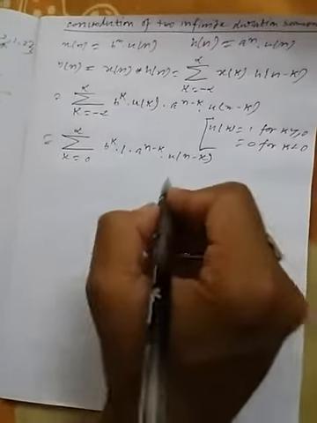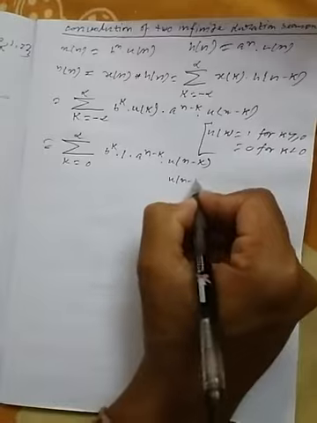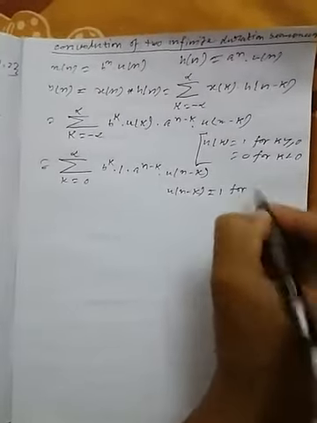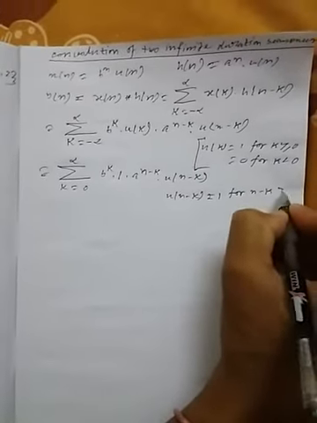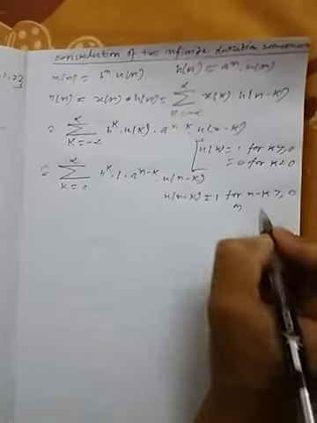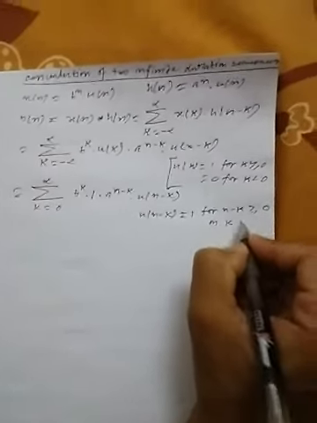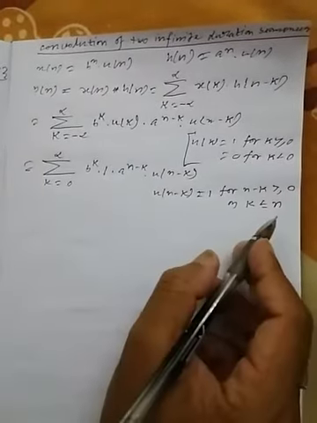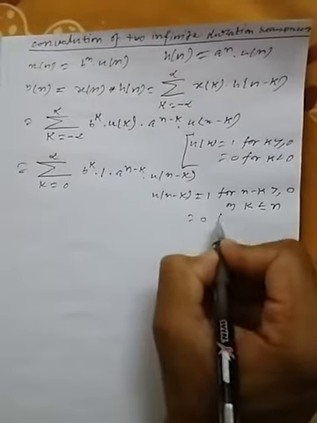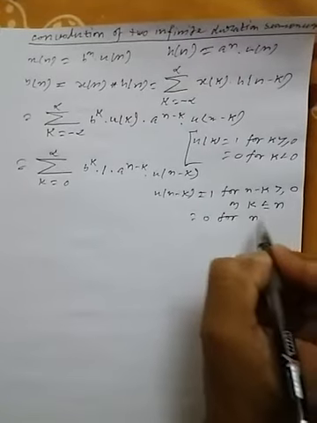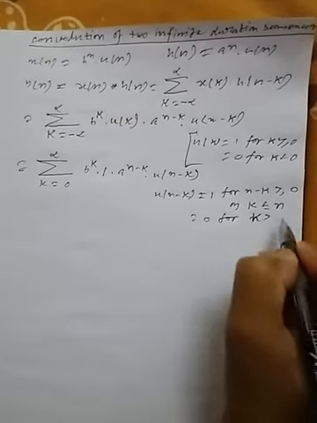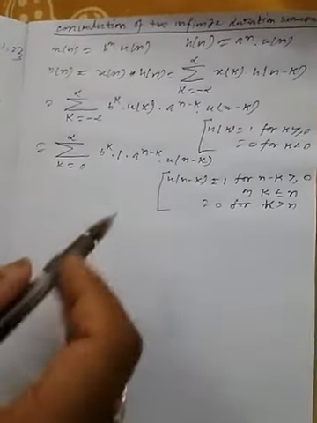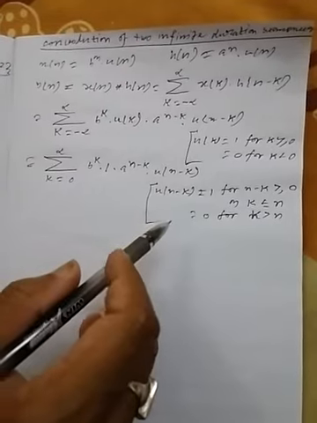Now u[n minus k] will be equal to 1 for n minus k greater than or equal to 0, or k basically less than or equal to n, and this will be equal to 0 for k greater than n. So this is the definition of the shifted unit step function u[n minus k].